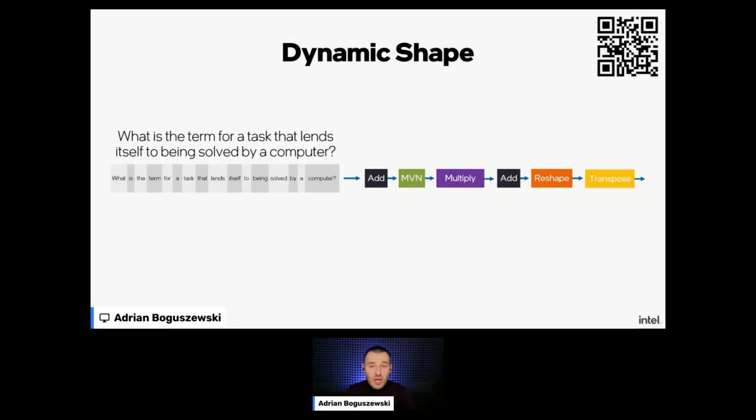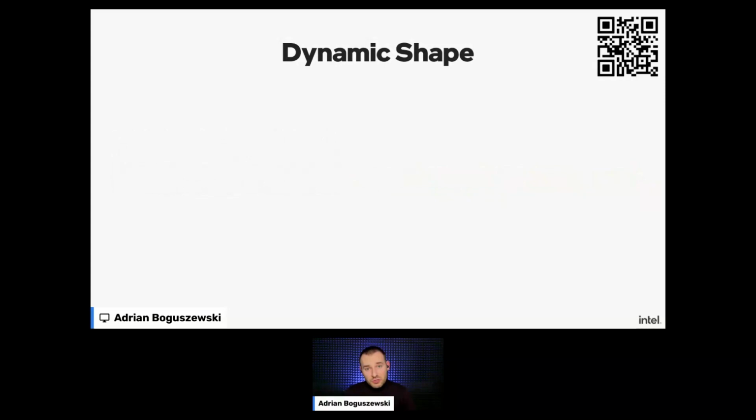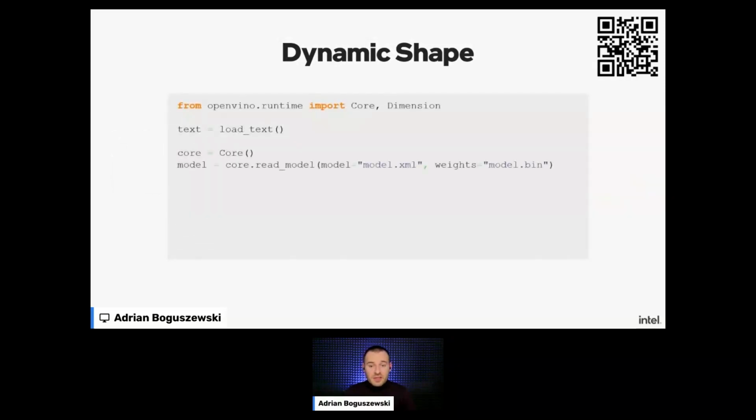And how to use dynamic shapes? You need to do the same up to this step. So now we have already read the model from the disk, and now we need to get the handle to the input layer, then read the shape of the input layer, and assign -1 to one of the dimensions.